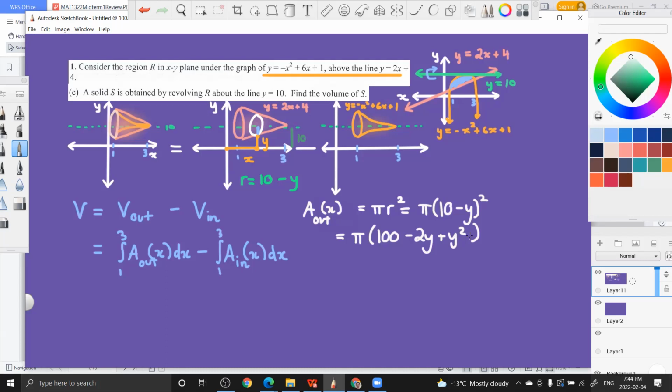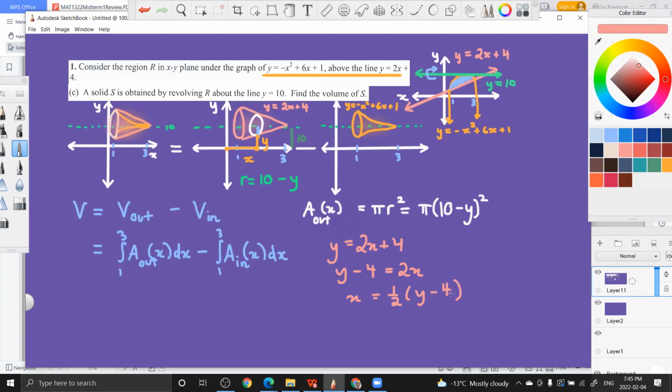Actually, before we do that, that step is fine, but there's a better way. Since this function is in terms of x, we need to convert it to x first. You see, this is y, but we want it to be in terms of x. The pink function is y equals 2x plus 4, which means y minus 4 equals 2x, which means x equals 1/2 times (y minus 4).